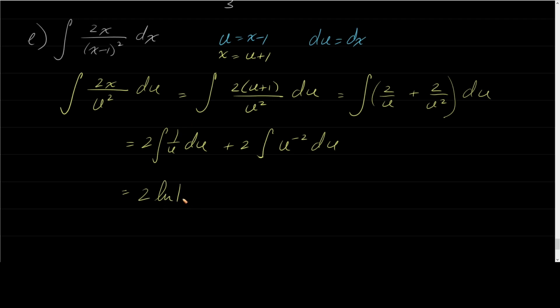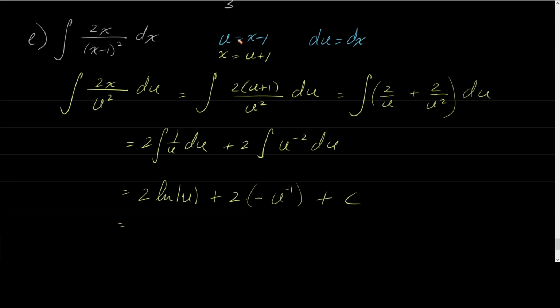All right, so at this point, the integral of 1 over u is ln of u, so I have 2 times ln of the absolute value of u, plus 2 times the integral of u to the negative 2. Well, add 1 to the exponent and divide by the new exponent. So I'm dividing by negative 1, same thing as multiplying by negative 1. And then that plus c. And then we know the problem was not about u, it was about x minus 1, all right?